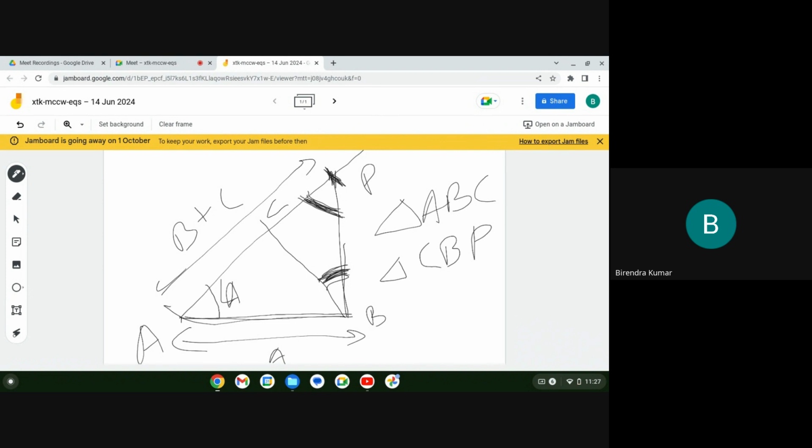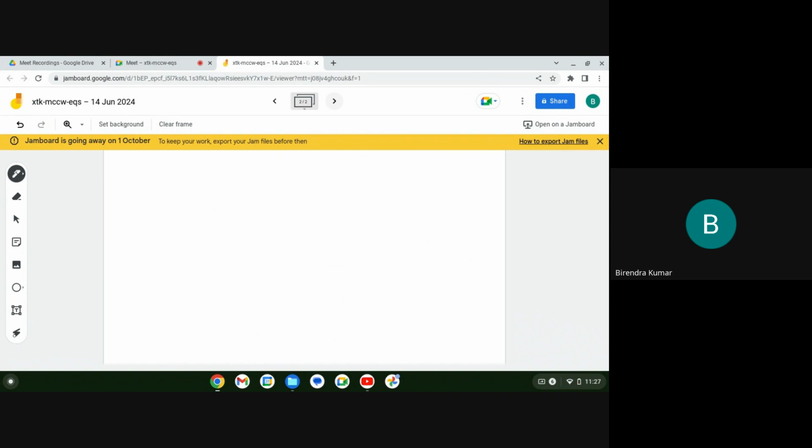Now let's look at this. If I'm looking at this triangle where this side and this side are the same, that is when we call it an isosceles triangle, right? And in an isosceles triangle, what we know is the corresponding angles are also the same. Do we know that? Yes.